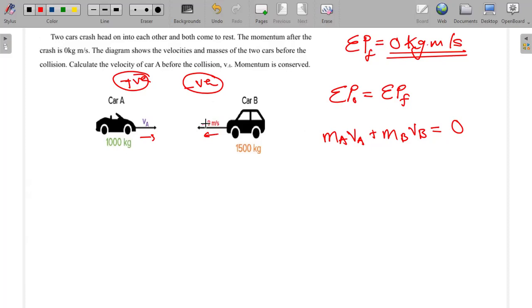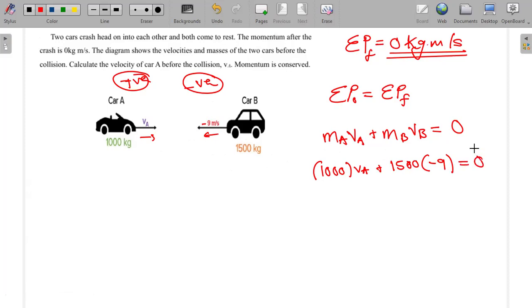We're going to consider this as -9, and we already have the masses. Mass A is 1,000 kilograms. I'm just plugging in what we've been given: 1,000 kilograms multiplied by velocity A plus 1,500 kilograms multiplied by velocity, which is -9 meters per second. This should be equal to 0.